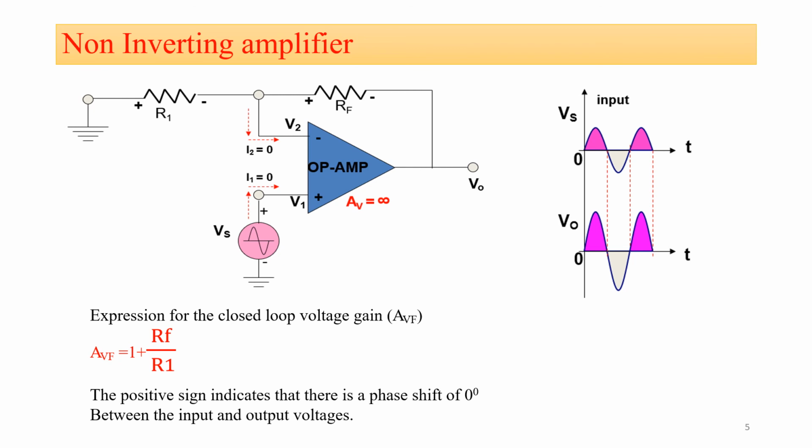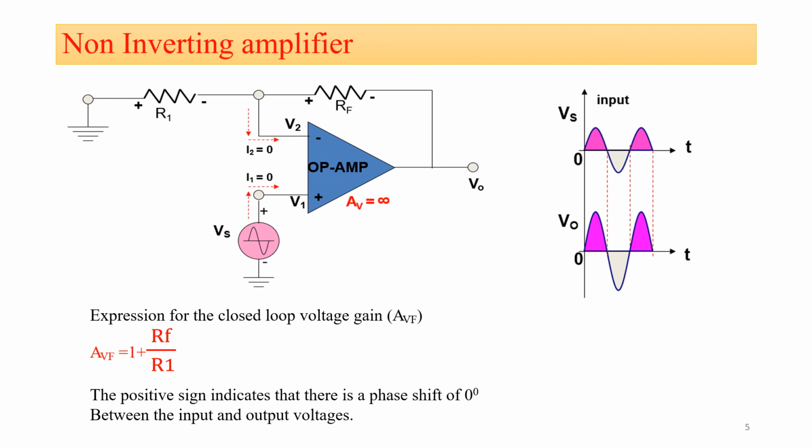And one more important thing: when you are going to derive the equation for the gain of the inverting amplifier, you need to apply the virtual ground concept, because for that circuit your non-inverting input terminal is connected to the ground potential.